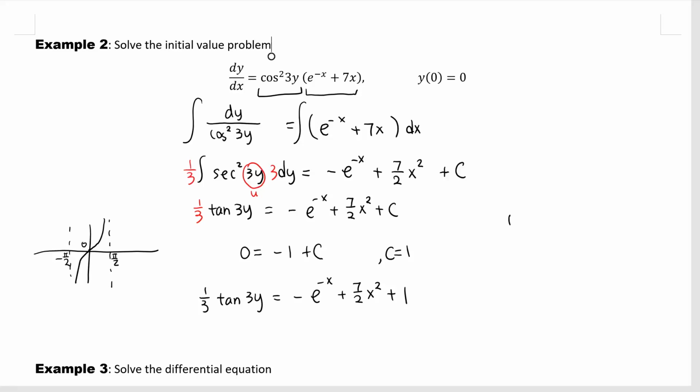Then we have tangent of 3y is negative 3 e to the minus x plus 7 over 2x squared plus 3, where 3 times 7 is 21. In order to get y, we apply arctangent on both sides.